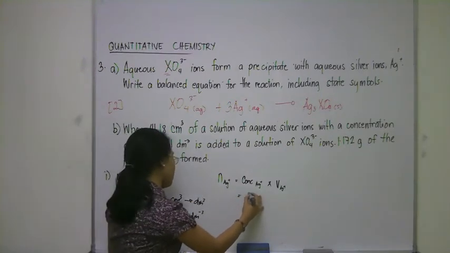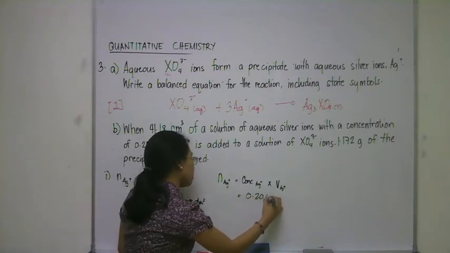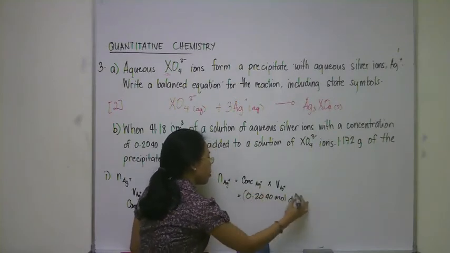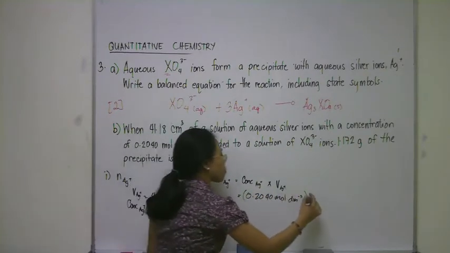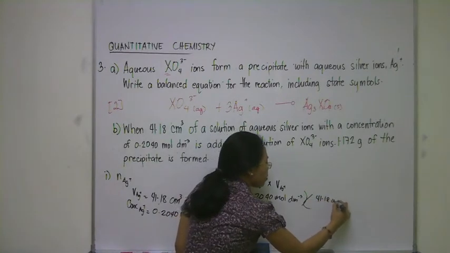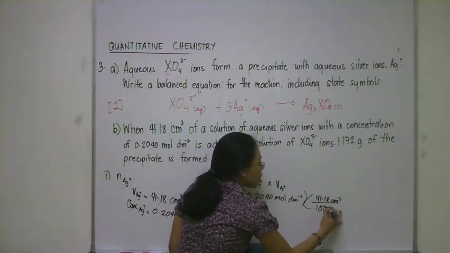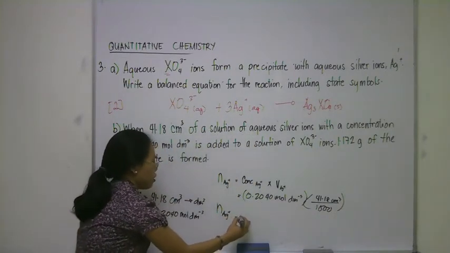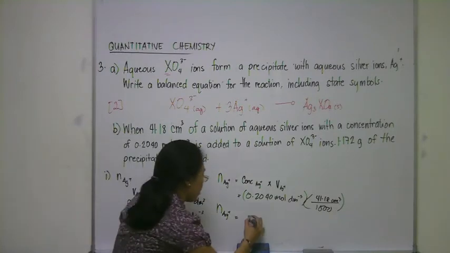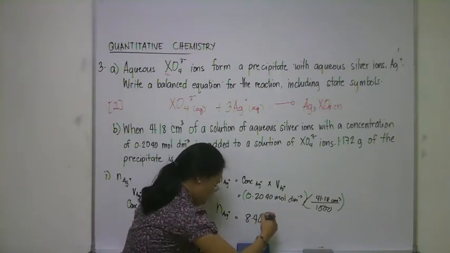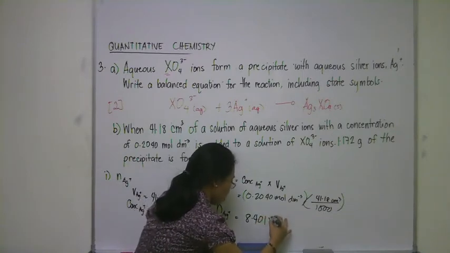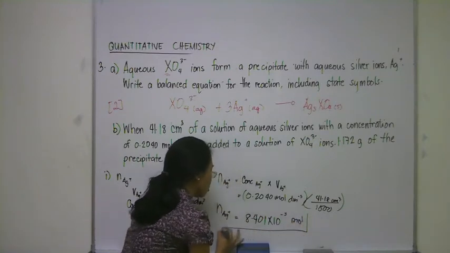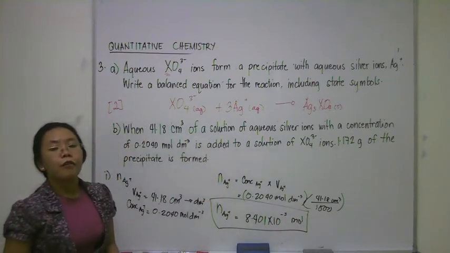Hence, we multiply it by the concentration in mole per dm cube times the volume, 41.18 cubic centimeter. You need to divide it by 1,000. Okay, hence, moles of silver ion is 8.401 times 10 to the negative 3 moles. So this is the answer for this question.